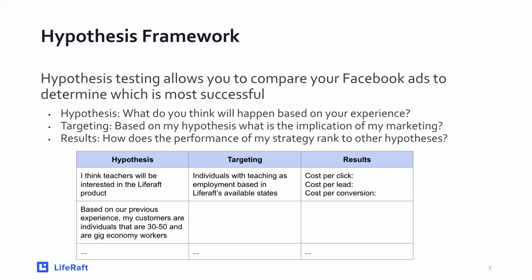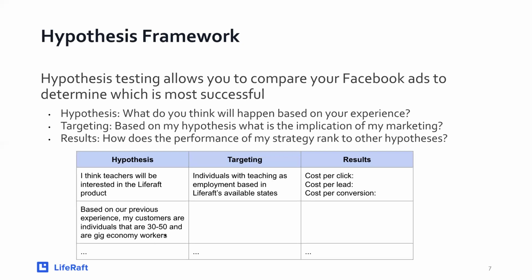And as I run that ad set, what I'm going to be looking at are three very simple metrics: cost per click. So, how much am I paying to actually get somebody to click on my ad? My cost per lead. So, I will define a lead as somebody whose email I've received. How much am I paying per email? And then cost per conversion. For everybody that came through that Facebook ad, how many people actually bought insurance and how much did I pay for that?